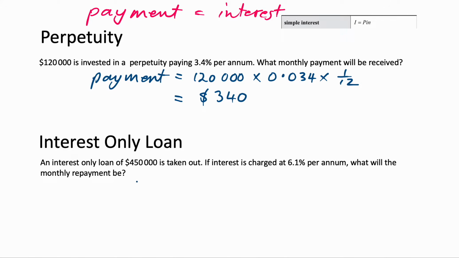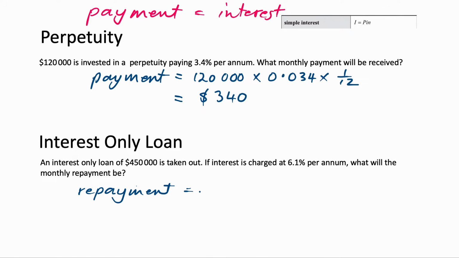So likewise with an interest-only loan, it's a very similar situation where in this case you've taken out a loan of $450,000, it might be to buy a house or whatever. Interest is charged at 6.1% per annum, and your monthly repayment is going to be equivalent to the interest that's charged. So all we have to do, we can use the simple interest formula again.